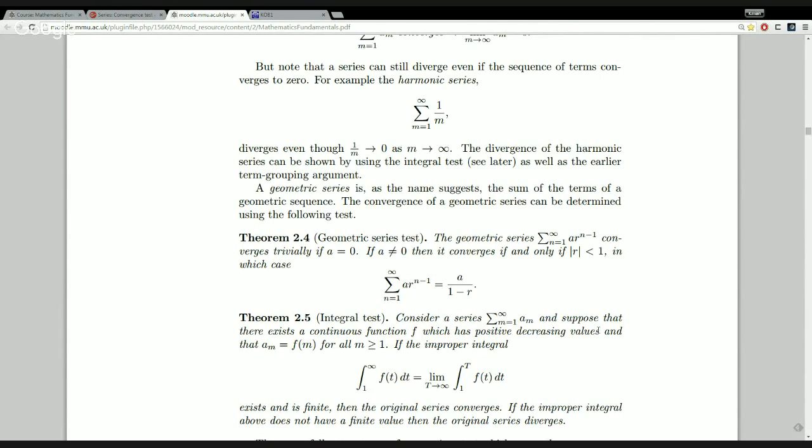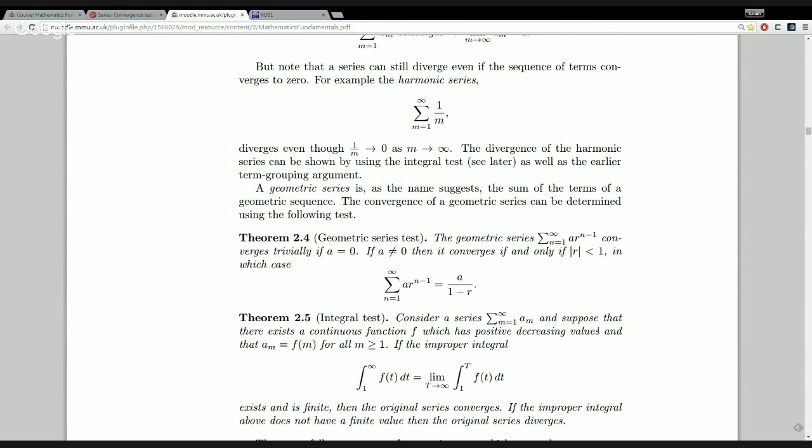If r is 1, then the series looks like this. It's just a plus a plus a plus a plus a. Now, we're assuming that a is non-zero because we've already dealt with the case when a is 0.